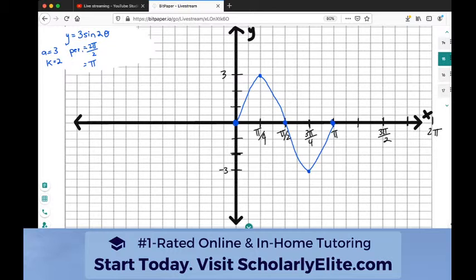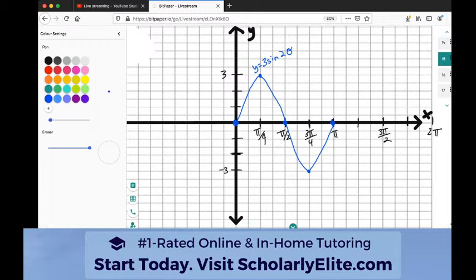Okay, so this is one period of this graph. So this is y equals 3 sine 2 theta. Let's compare this to what the original sine graph looks like.